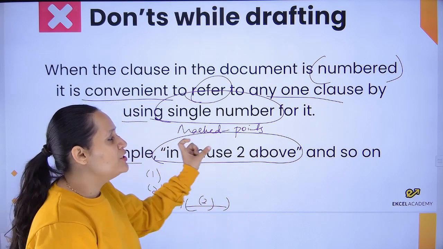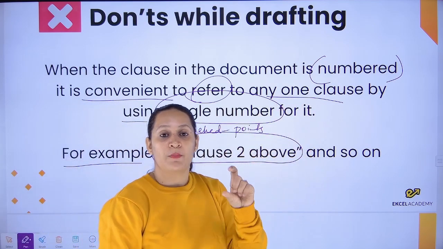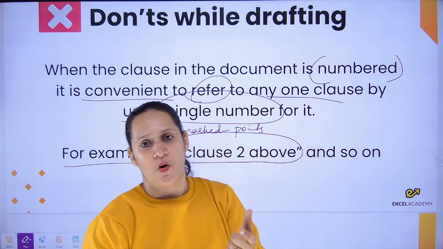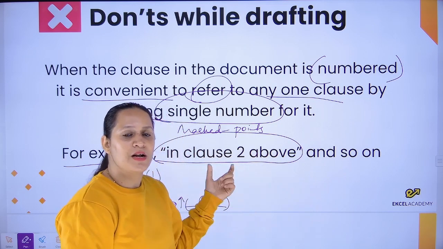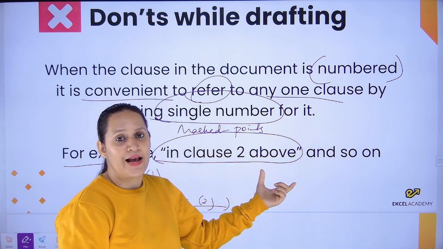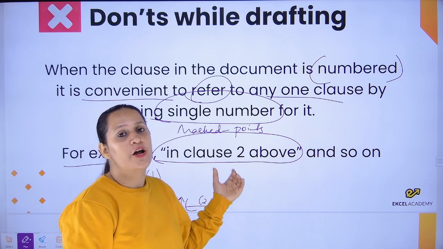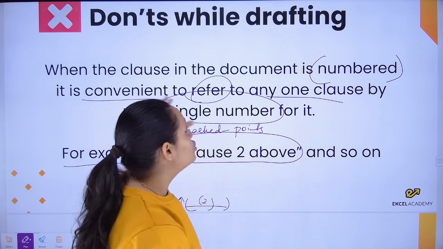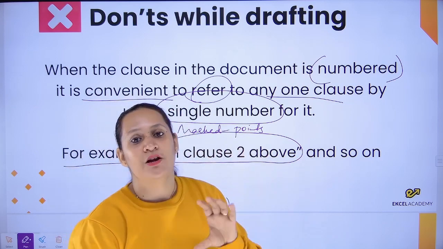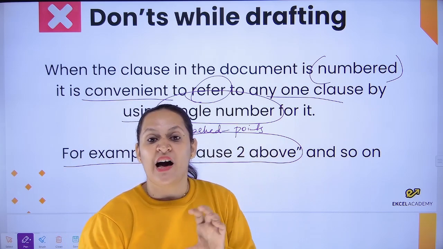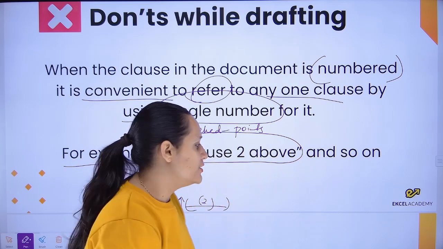So when you have proper numbers for your points, it becomes easy and convenient for reference. This is what you should actually practice. So you should avoid what? Avoid longer sentences and avoid unmarked sentences or points.